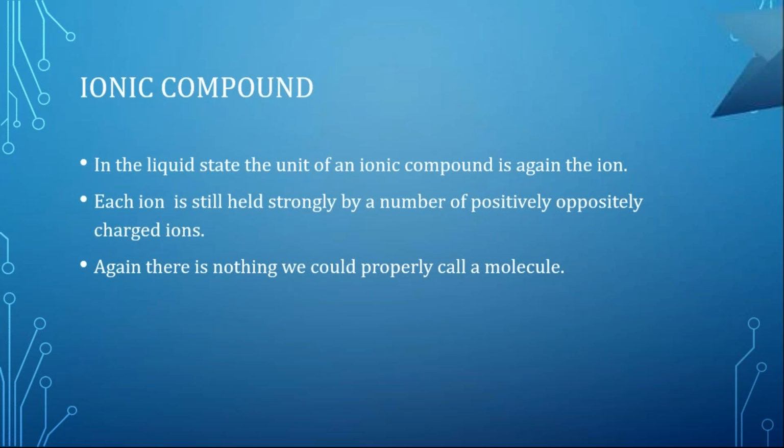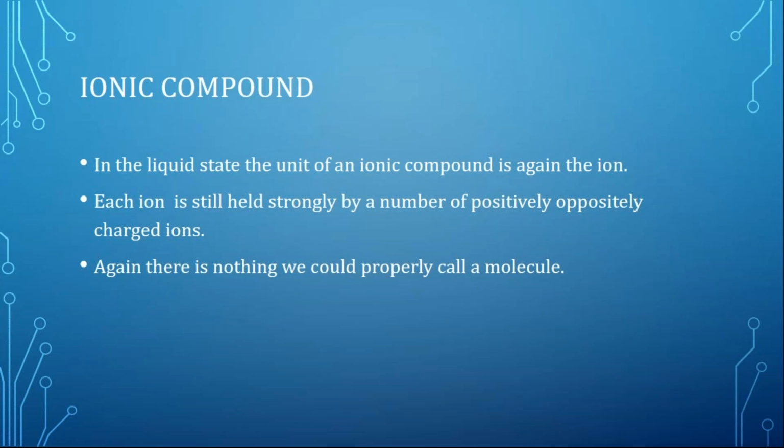We'll see how this applies to the boiling point in ionic compounds. In the liquid state, the unit of an ionic compound is again the ion. Each ion is still held strongly by a number of oppositely charged ions. Again, there is nothing we could properly call a molecule because it will be moving.